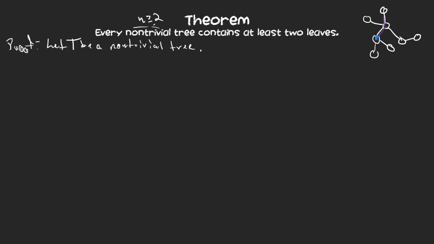So maybe we start at this vertex and move here, and then move here. So there's a path inside of it, but it's not a path of maximum length because I can find something longer than that. So here to here to here to here. So basically, we want to find a path in here that can't be extended further. And what that tells us then, if it can't be extended further, is that the end vertices of the path must actually be leaves.